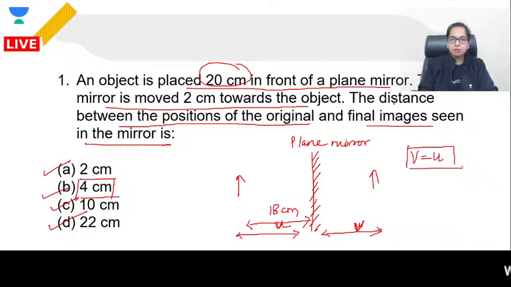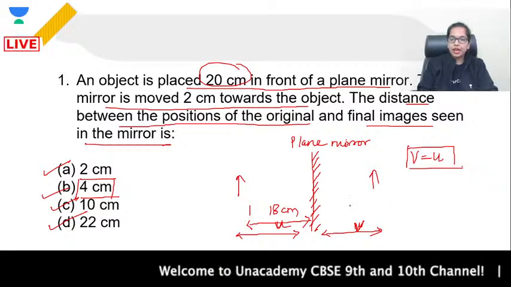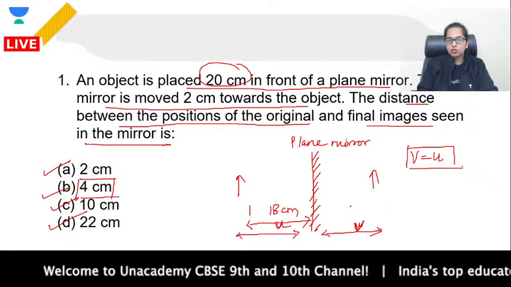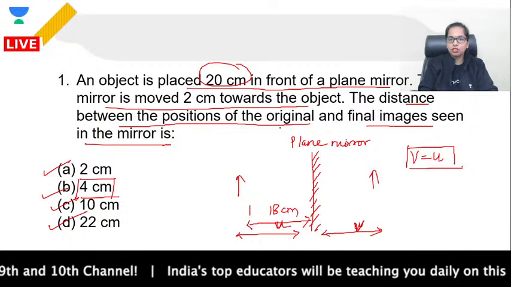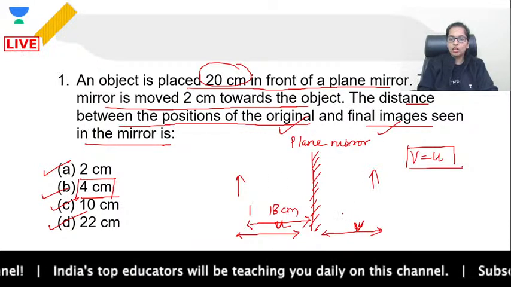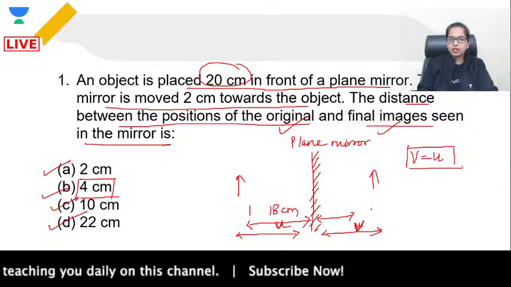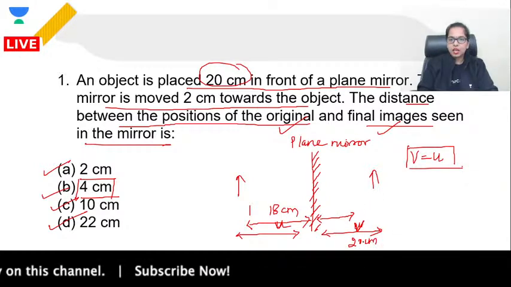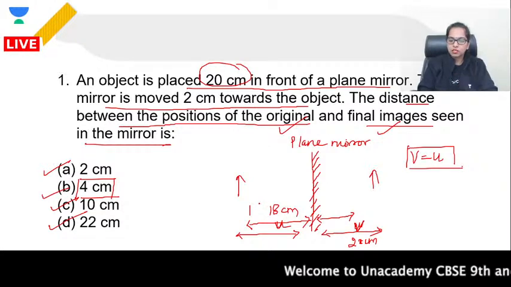The distance between the positions of the original and the final image that is seen will be how much? Originally it was at 20 centimeters, and now the mirror has been moved 2 centimeters towards the object.